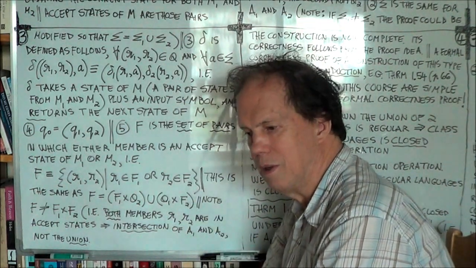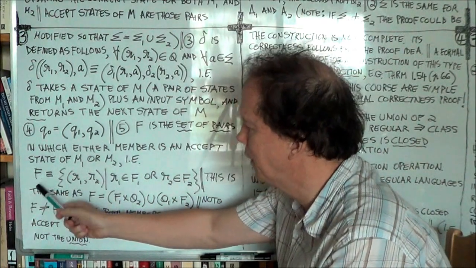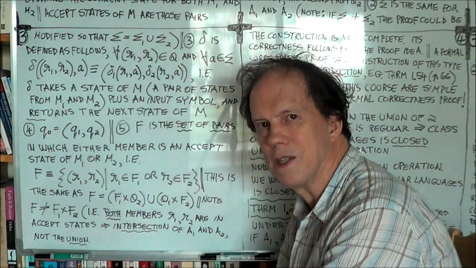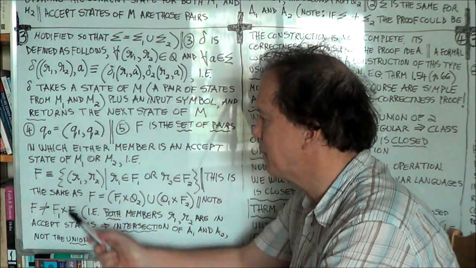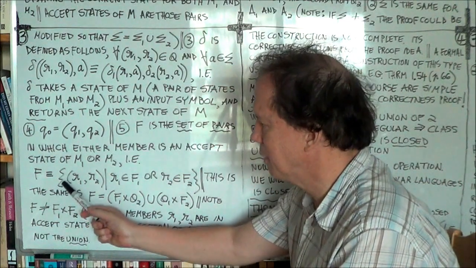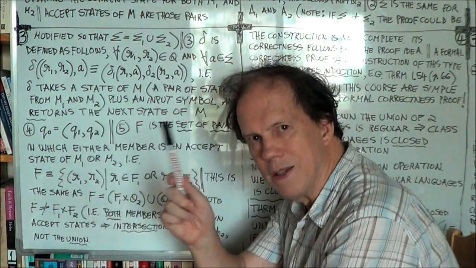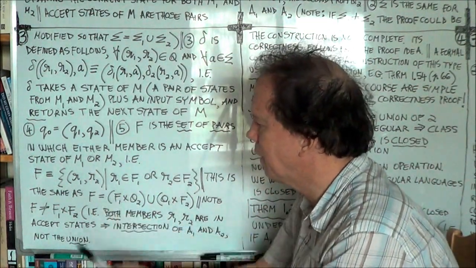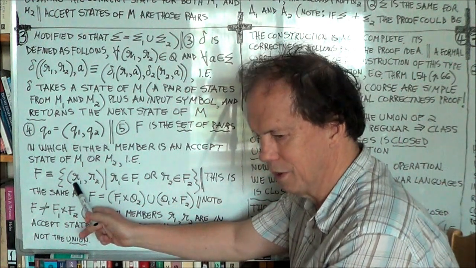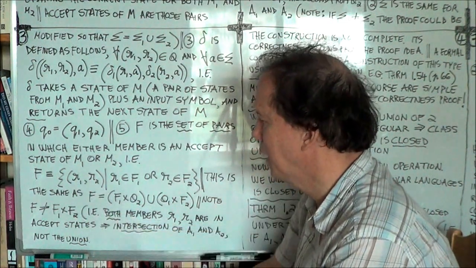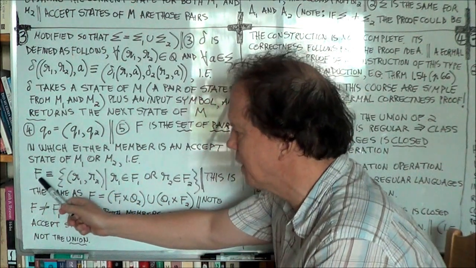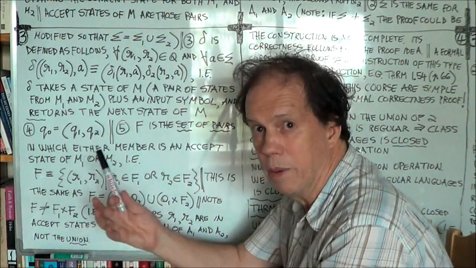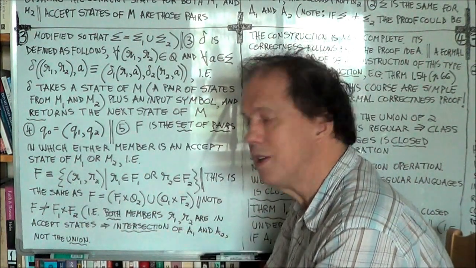So you need to define an F. By definition, that's the set of accept states for machine M. The states of machine M are ordered pairs, where the first is the current state of machine M1 and the second is the current state of machine M2. So your set of accept states will be these ordered pairs where either this or this, or both, is in an accept state.